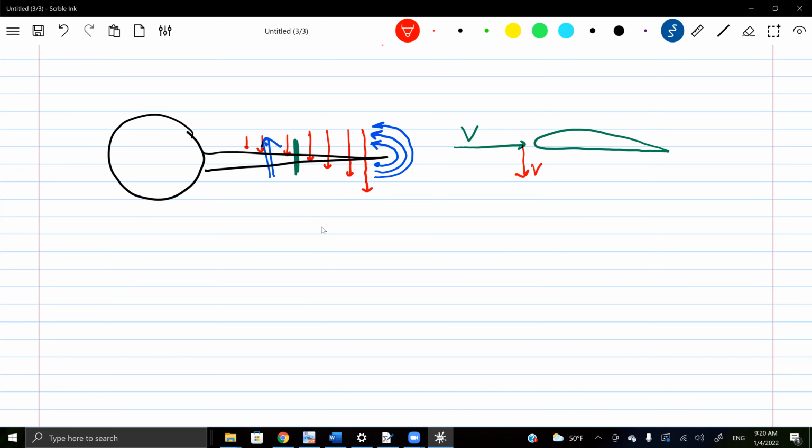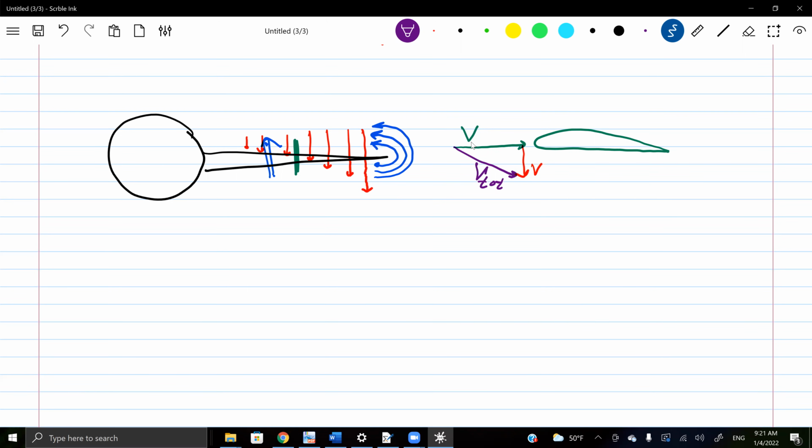So the total velocity actually is something like this, V total. So the angle of attack increased or decreased because of this? Increase. Actually, it's increased in the negative direction.